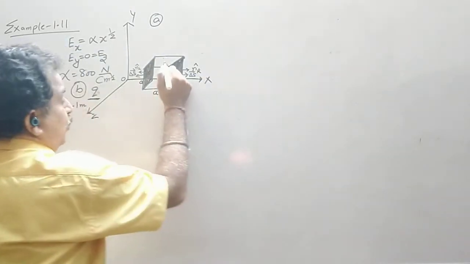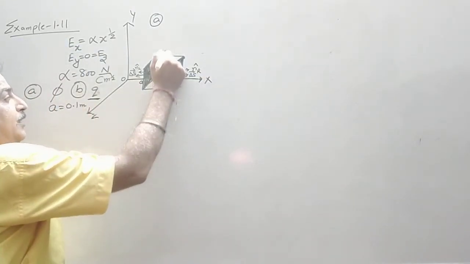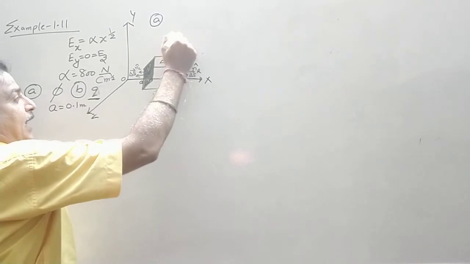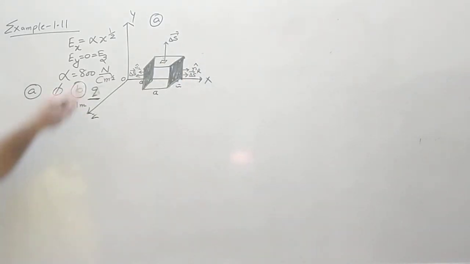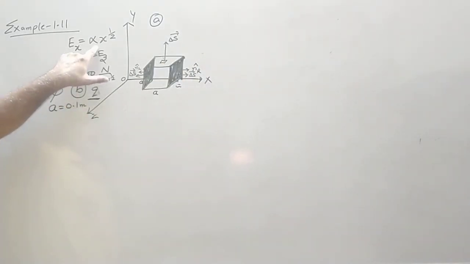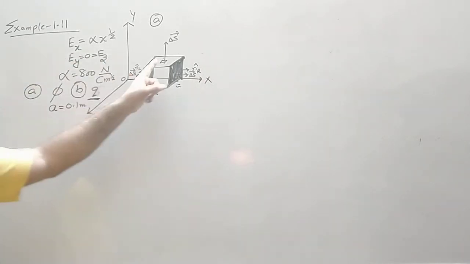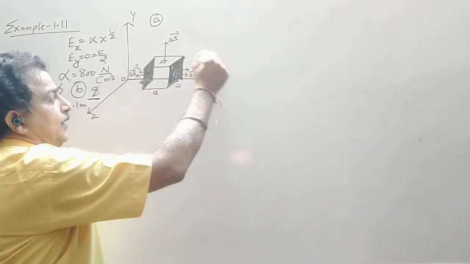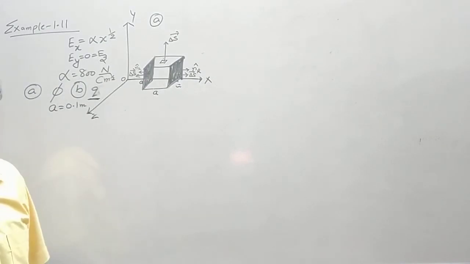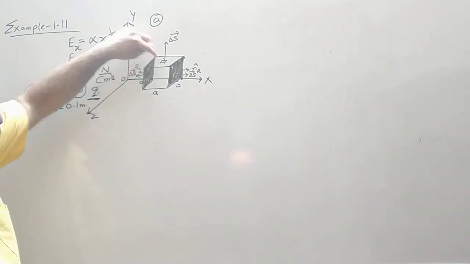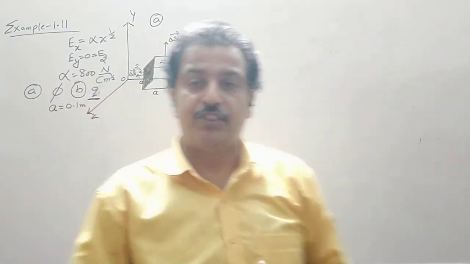If I take a small element here, this will be the area vector delta S. Now the electric field intensity is only along the x-axis. So the angle between the electric field intensity, which is along the x-axis, and this area vector is 90 degrees. So the contribution of this face is 0.